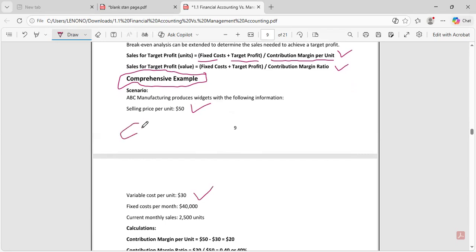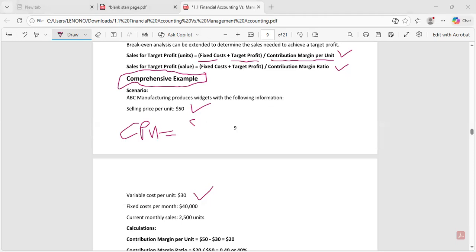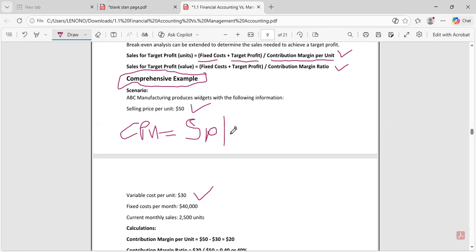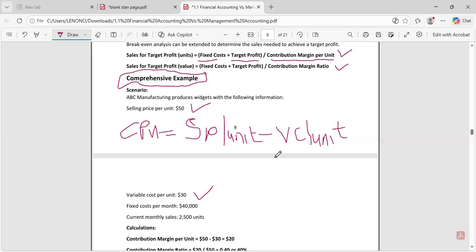So our contribution per unit will be equal to the selling price per unit minus the variable cost per unit. This is how you get the CPU.